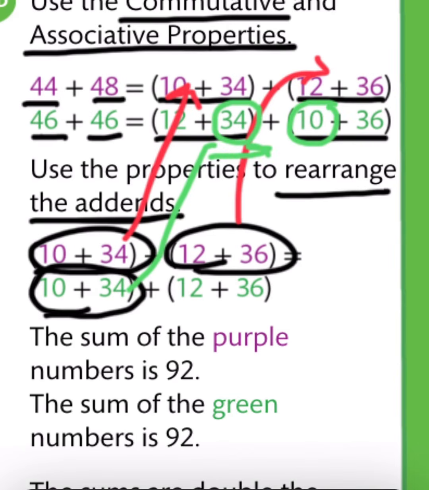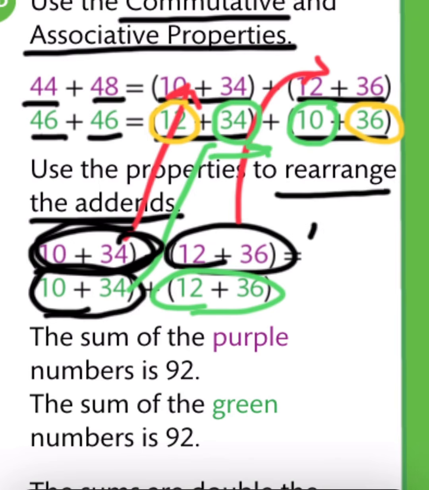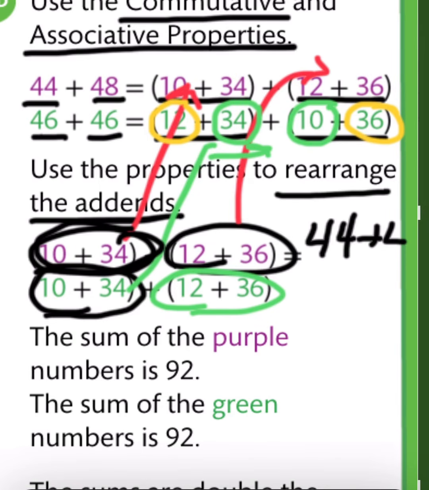So she used the commutative property and switched them around and then grouped them using the associative property. And then her 12 plus 36, I'm going to have to use another color, get messy. 12 plus 36 is this 12 plus this 36, and she regrouped those. Okay. Now the sum of the purple numbers is 92 still, because 10 plus 34 is 44. 12 plus 36 is 48.